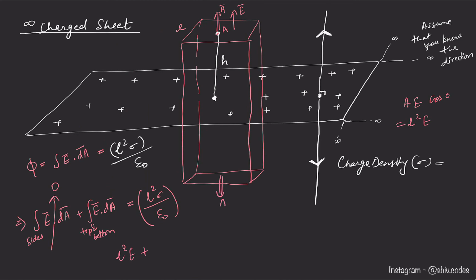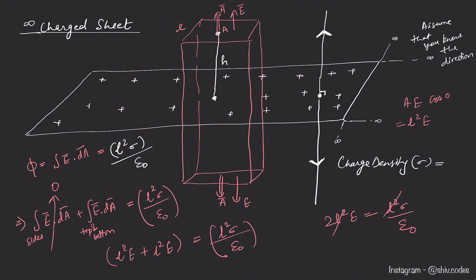Similarly, through the bottom, the area vector is downwards, and the electric field is also downwards. So through the bottom, AE cos 0 is AE, which is equal to L square E, and the total should be equal to L square sigma by epsilon naught. So 2 L square E is equal to L square sigma by epsilon naught.